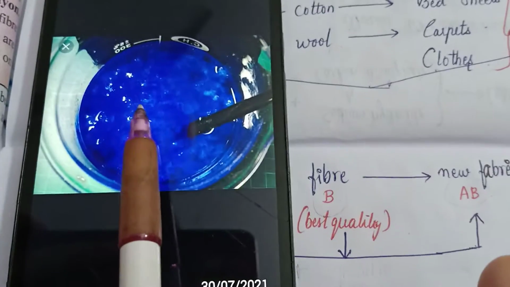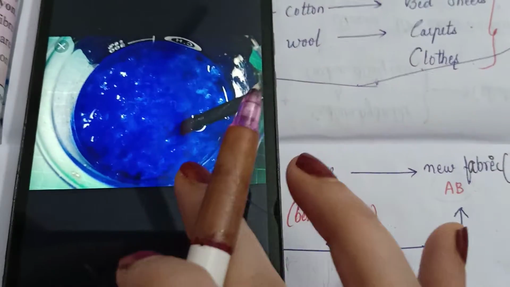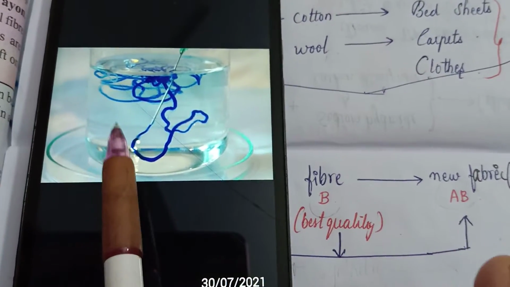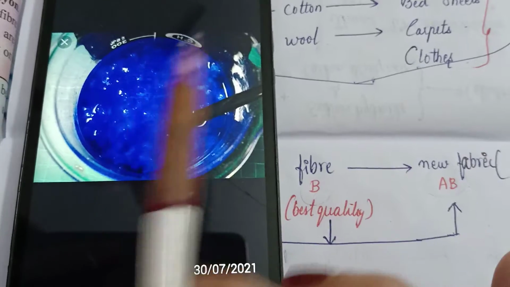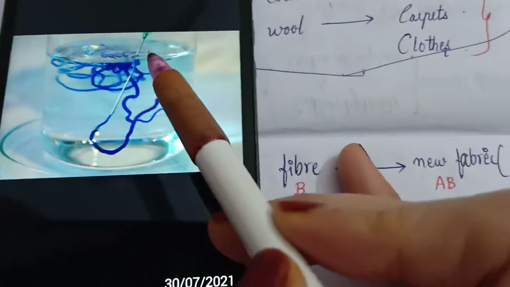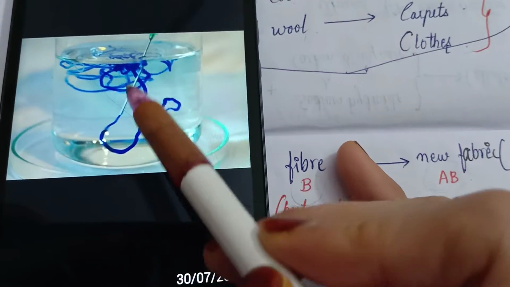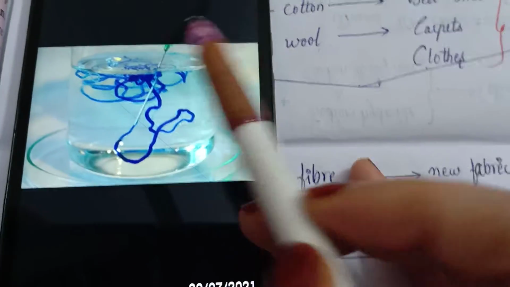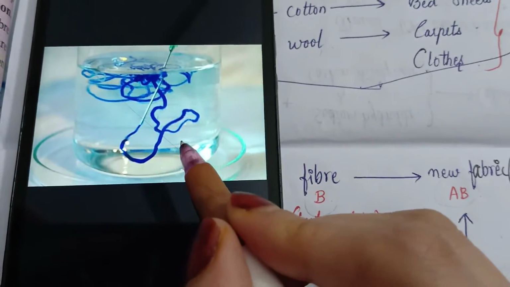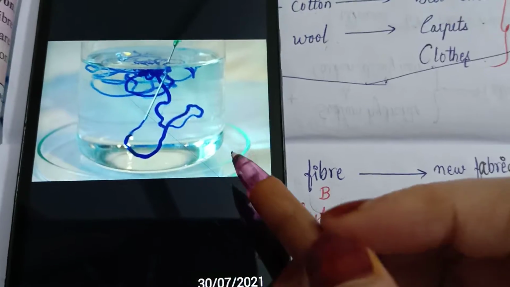When we transfer this solution to sulfuric acid, our transverse liquid, using a needle syringe or the spinneret, then we will obtain the rayon fibers, okay.